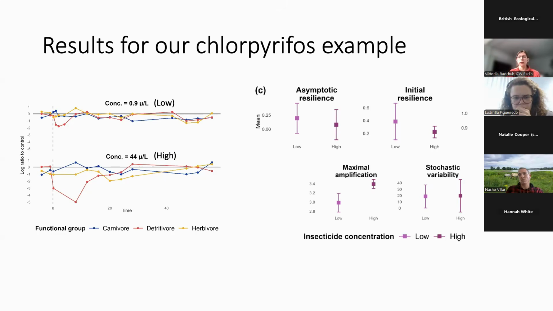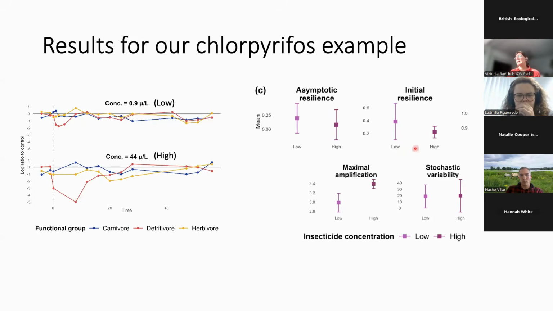So the system is destabilized more in the high concentration compared to the low concentration. Similarly, for maximal amplification, we see that for the high concentration, the maximal amplification is much larger compared to the low one, which means that the system is amplifying more, it's more disturbed in a higher concentration of chlorpyrifos.